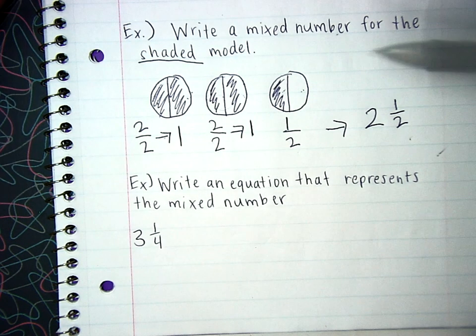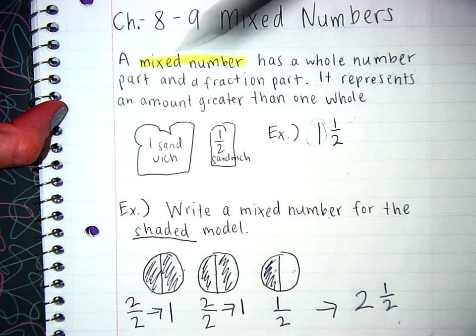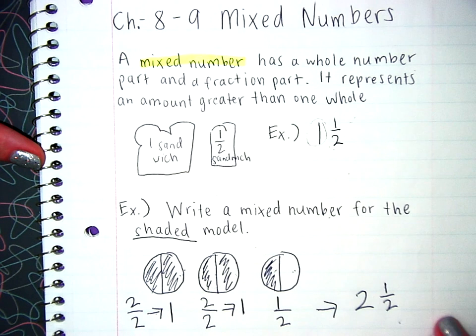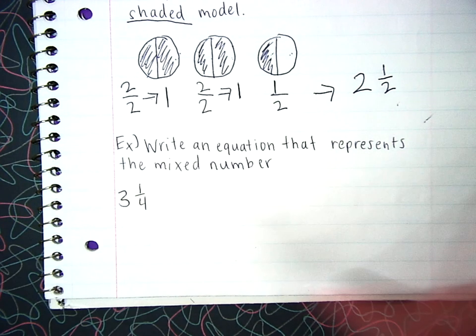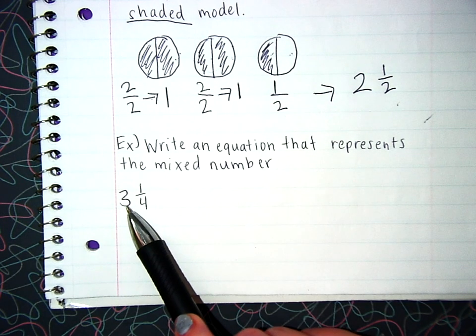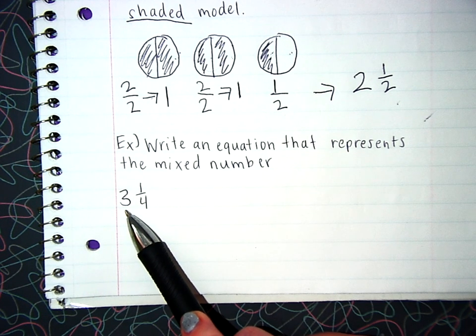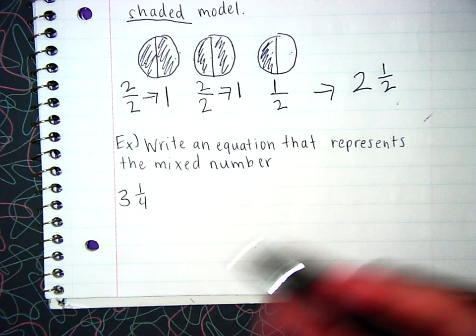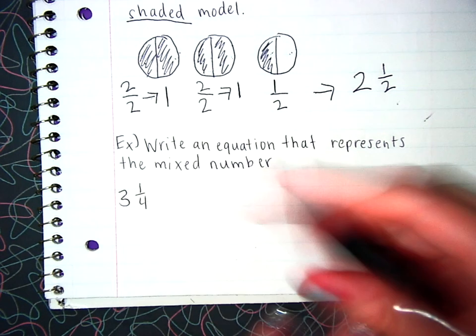So remember, going back to our definition, the mixed number has a whole number and a fraction part. So looking at 3 and 1/4, the 3 is going to be your whole number part. But remember, you can't just start with 3. You have to do it as if it was a model itself.